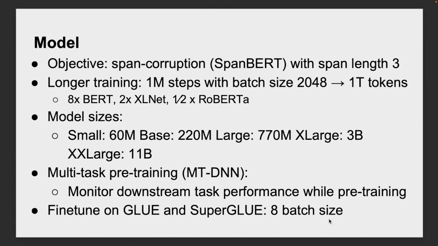And one contribution is that they release the C4 dataset. So it's the cleaned Common Crawl website dataset along with the model release, so that you can use that dataset for research and also to pre-train your own model.